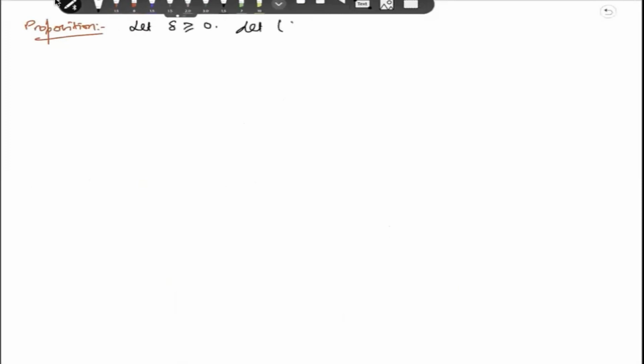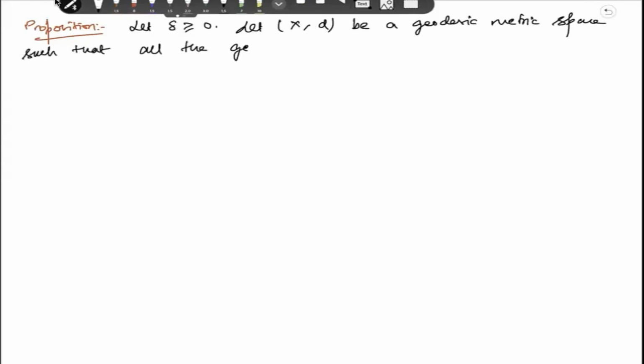Let X, d be a geodesic metric space such that all the geodesic triangles are delta slim.